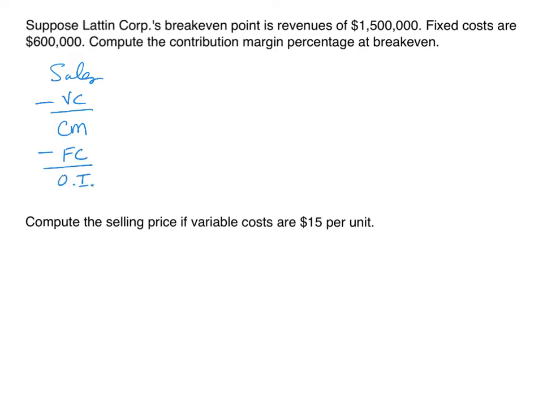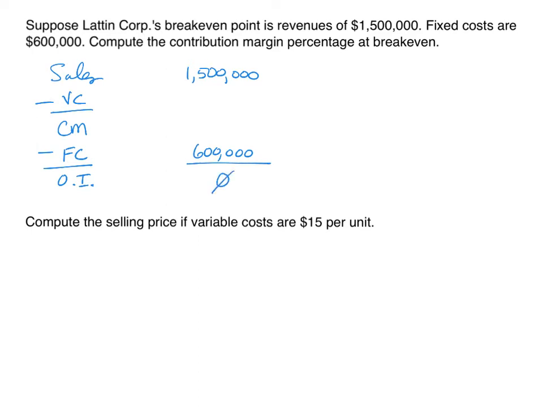So they tell us in the story here that our break-even revenues is $1.5 million, and that our fixed costs are $600,000. And what we remember, at break-even, operating income is zero.